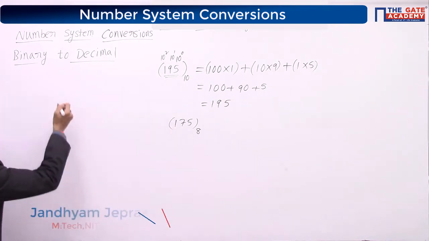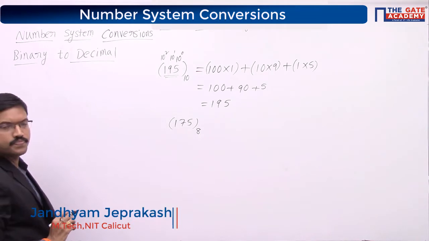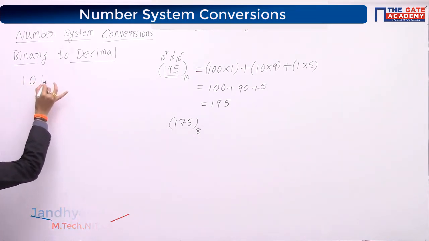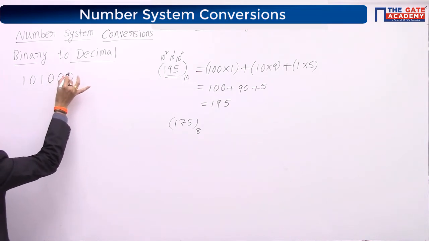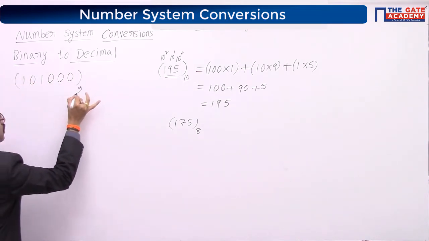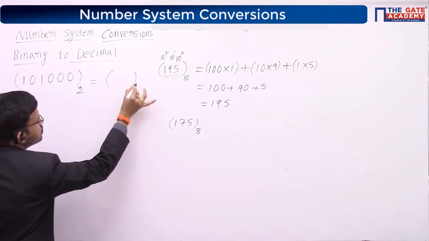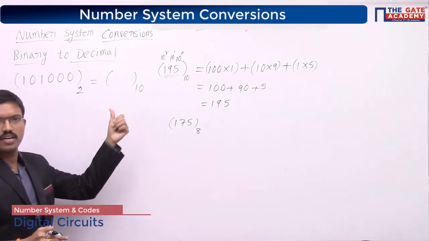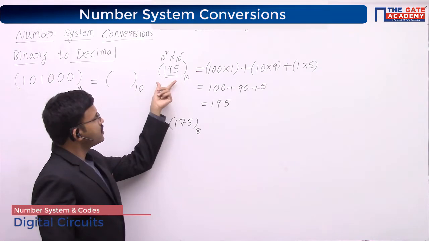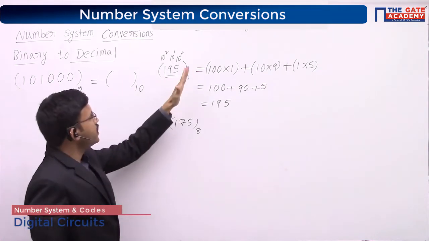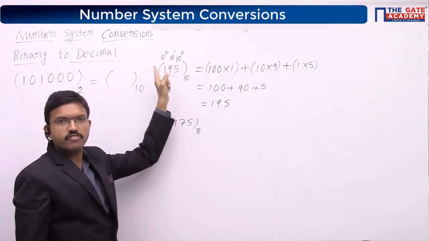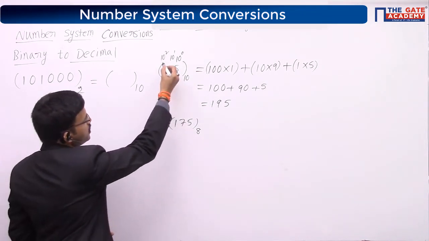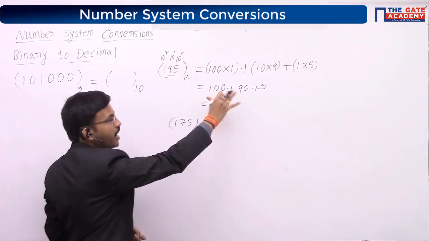So here I am considering a binary number, say 10100. I want to convert this binary number into decimal. See, earlier you had 3 digits of a decimal number. There I put the positional weights in powers of 10 because the base is 10, right? And then I multiplied each digit with its positional weight and then added.